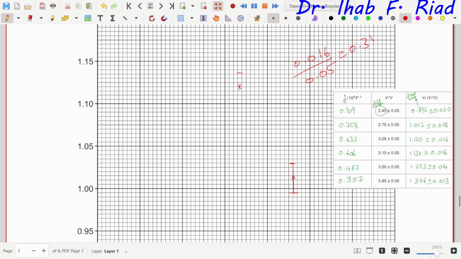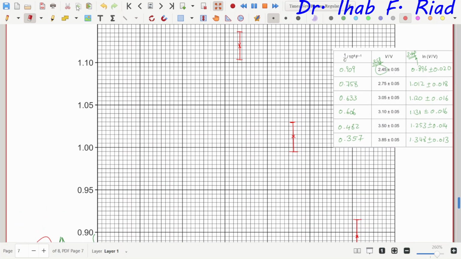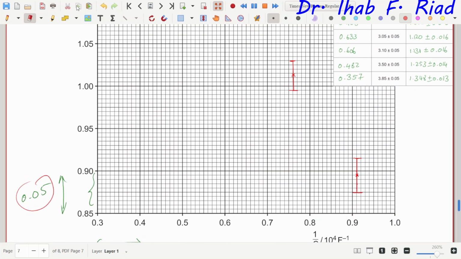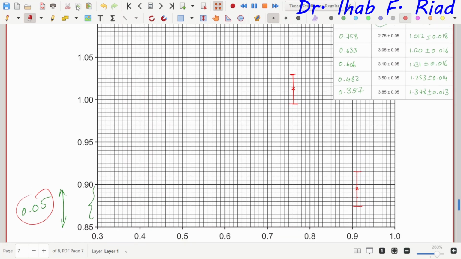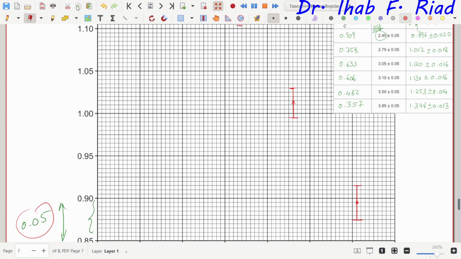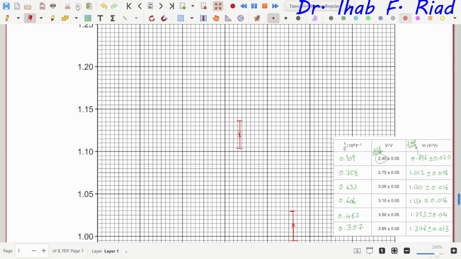We count down 1, 2, 3, and it is a little bit over here. Now we have 0.606, around here.